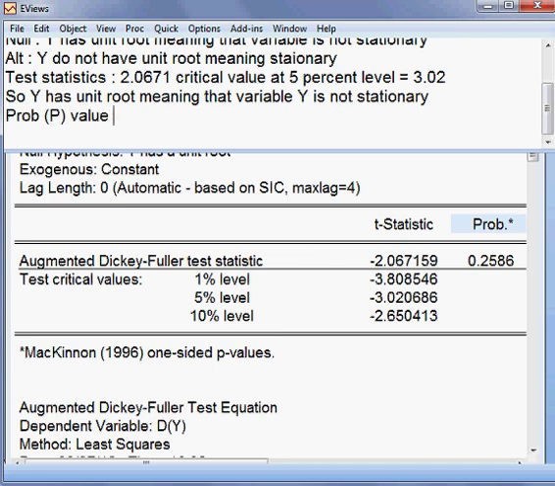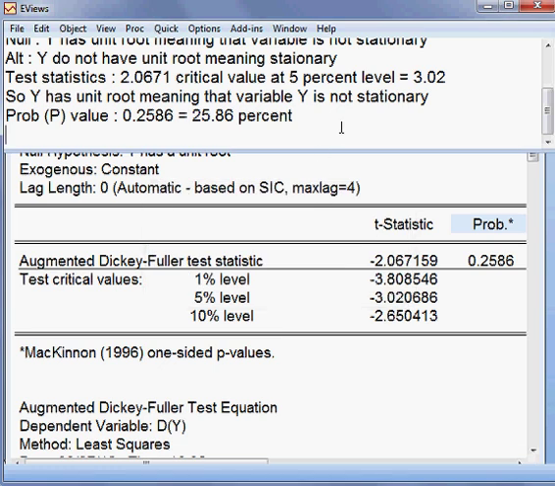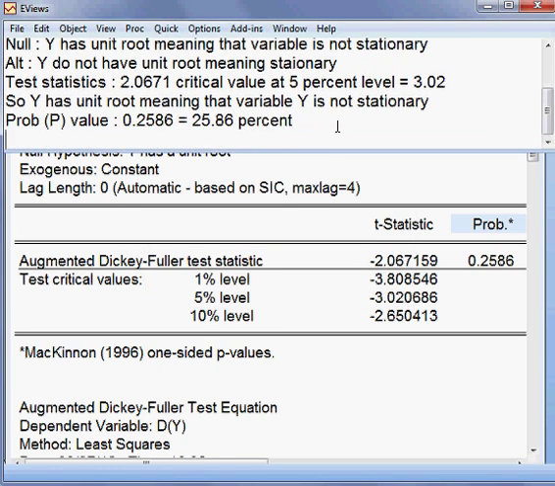How much is the p-value? 0.2586, meaning 25.86%. And here, what is the guideline?